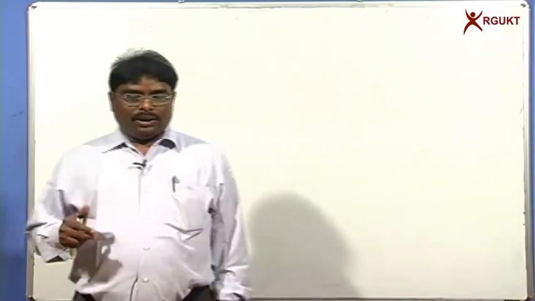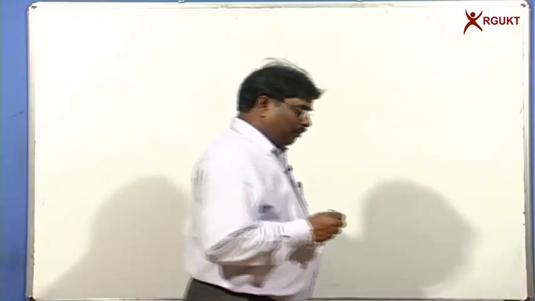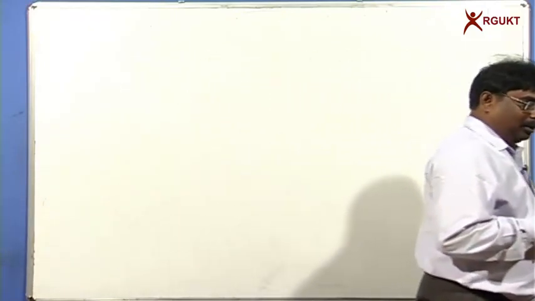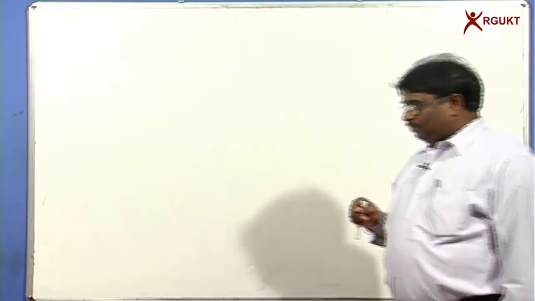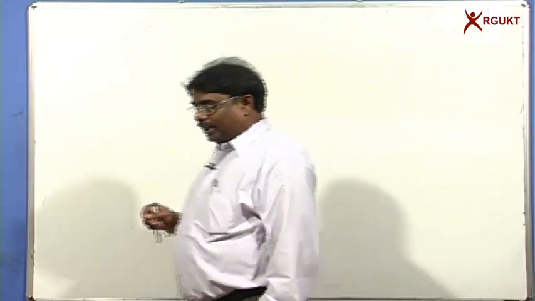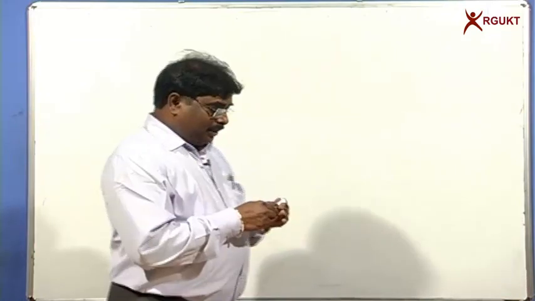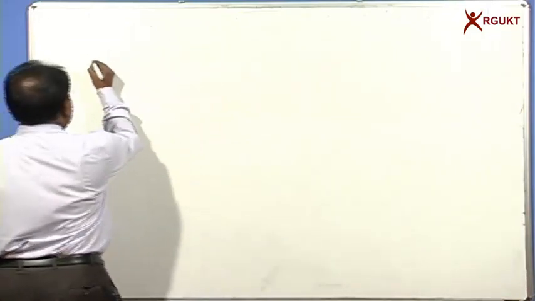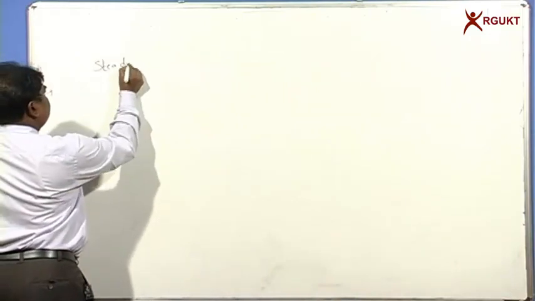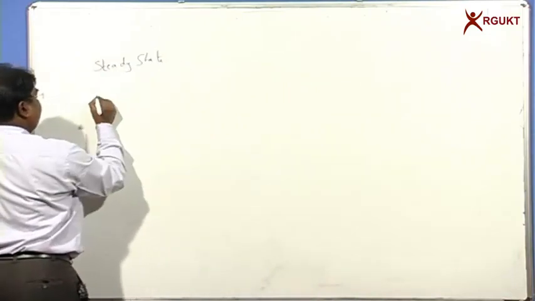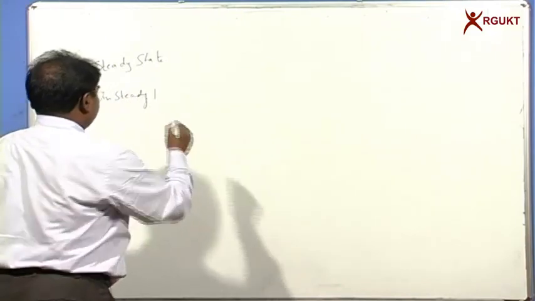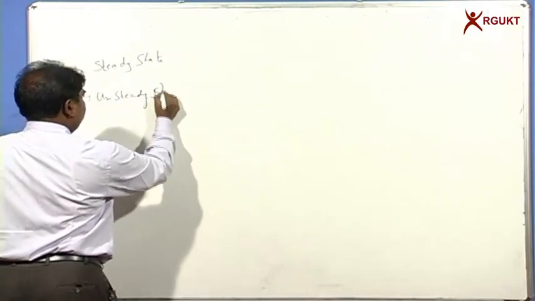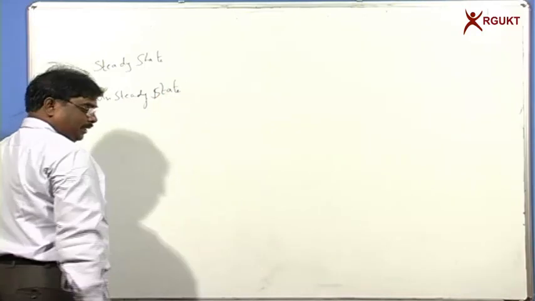Now in today's class, we are going to discuss how we conduct a separation process, that is, the methods of conducting a separation process. These methods can be a steady state process or an unsteady state process. All of you know about the steady state.